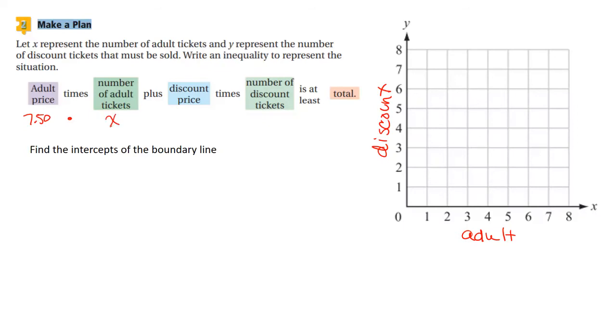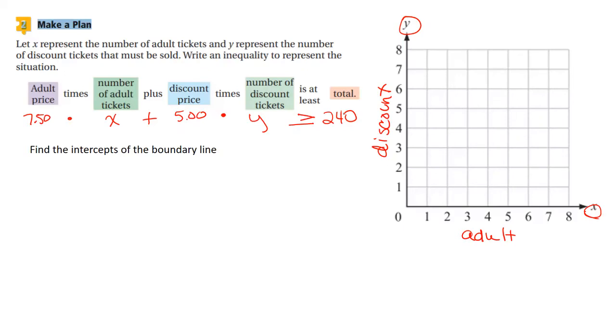We're going to call that X because we put that on our X side. Now we're also going to sell some discount tickets, and our discount price is $5, and we're going to multiply that by our Y. And when it says at least, that means it has to be greater than or equal to 240.